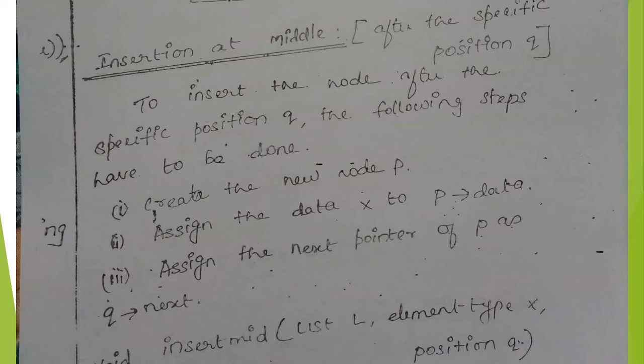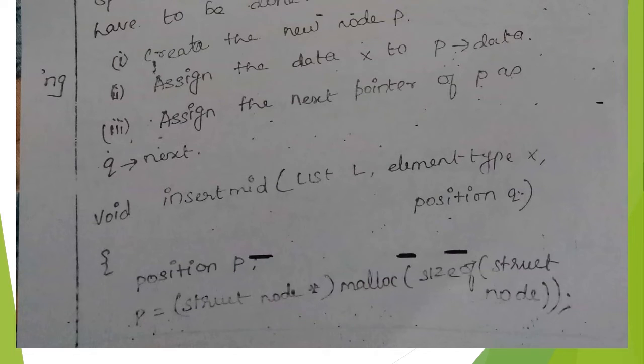The next operation is inserting a node in the middle of the list, that is, after any position Q. For this, the node at the required position is named Q, then Q's next value is assigned as P's next value, then P will be assigned as Q's next value. The subroutine used here is insert_mid_of.